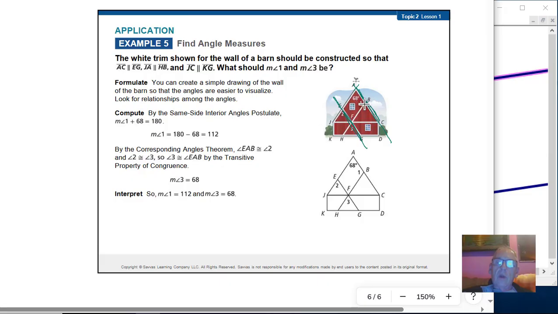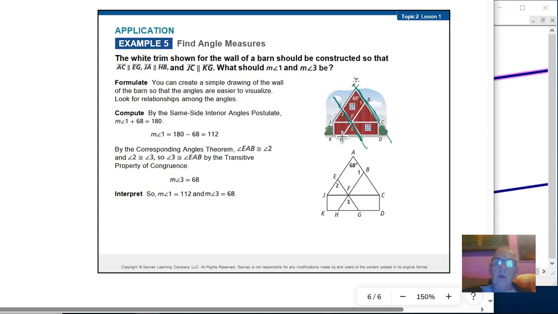And then using these parallel lines cut by the transversal, angle 2 and angle 3 are also a pair of corresponding angles. So with the parallel lines that I have drawn in here, 68 and angle 2 are congruent.